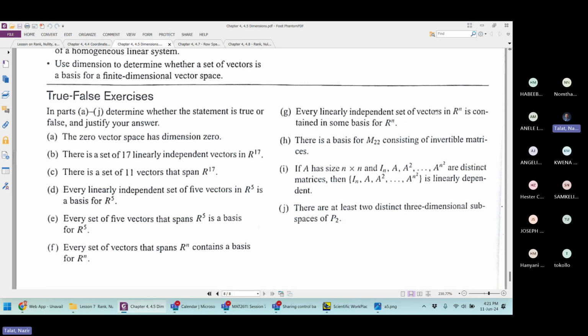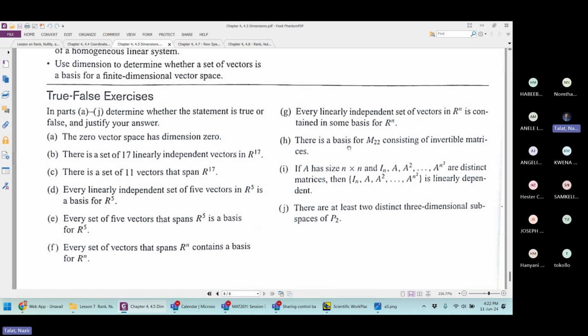If the independent set is small, then it cannot be a basis itself, so in that case it is contained in some basis set. So this statement is true.